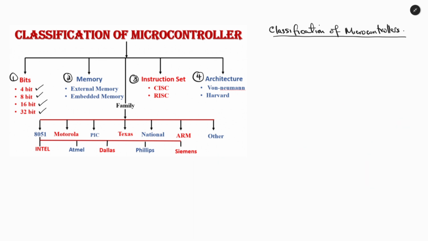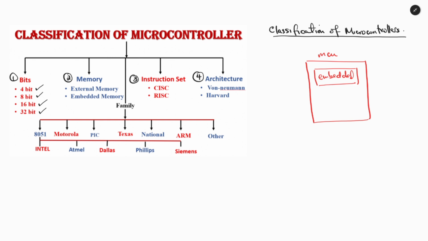And now we will look at the second classification, which is the memory, and how the memory makes microcontrollers different from each other. A memory in a microcontroller can be external or embedded. Imagine we have a microcontroller, and inside it we have the embedded memory.